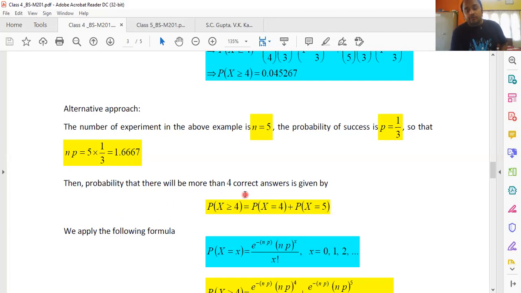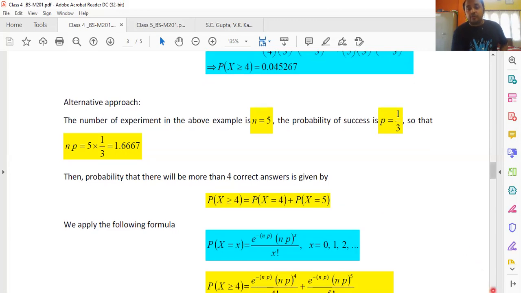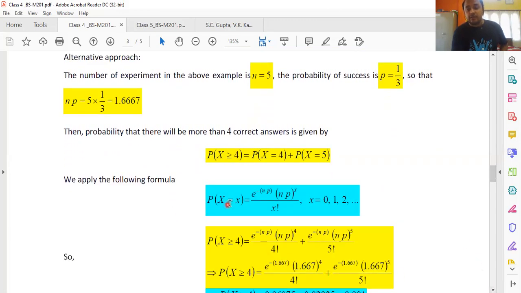Now we know the probability of getting 4 or more right answers is given by this. We can apply a different formula over here. I'm giving you the formula in blue color. This is a new formula, where probability of X equal to small x is defined as e to the power minus np, times (np) to the power x, divided by x factorial.